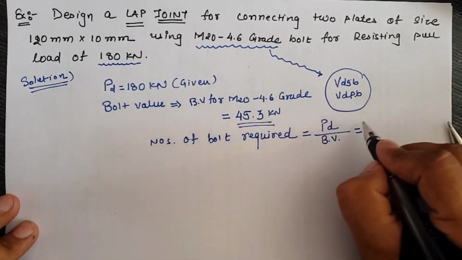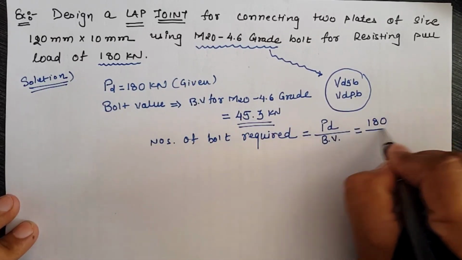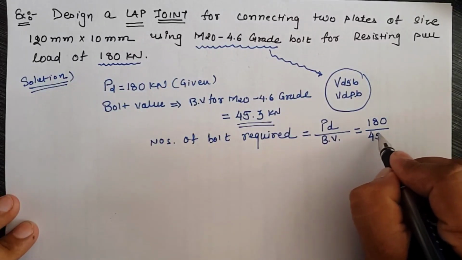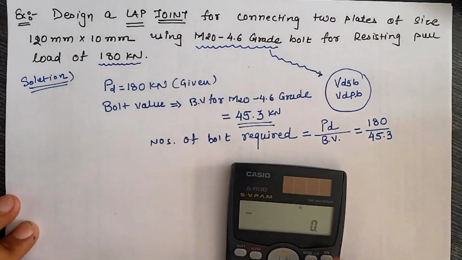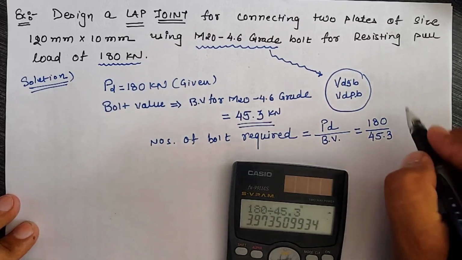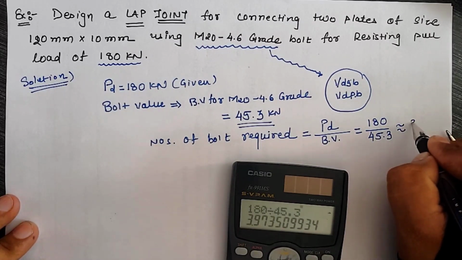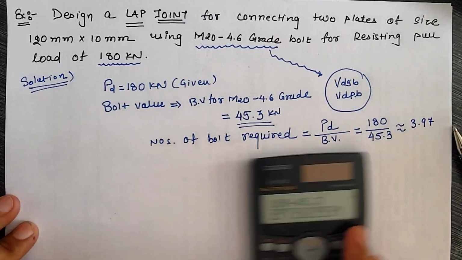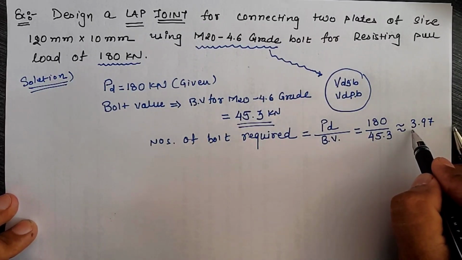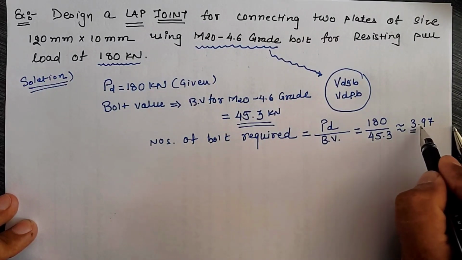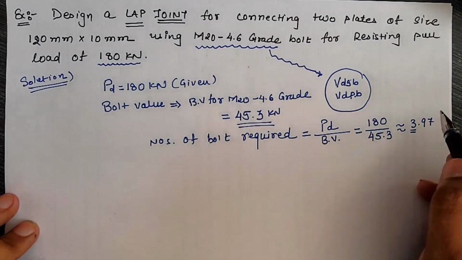The design load is 180 kilonewton and the bolt value is 45.3 kilonewton. It is almost 3.97.